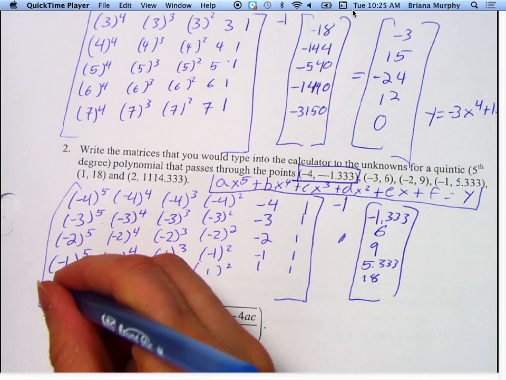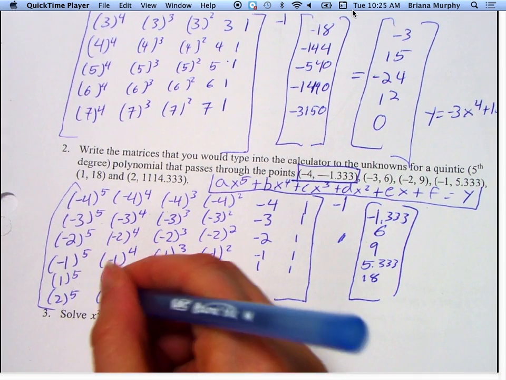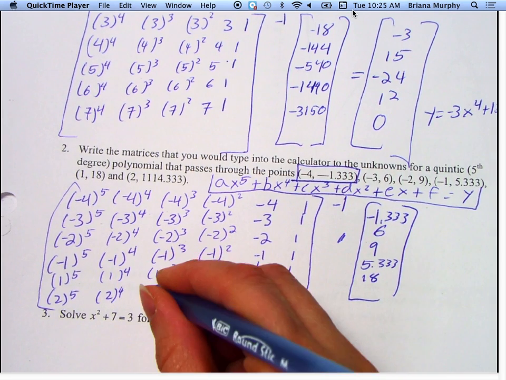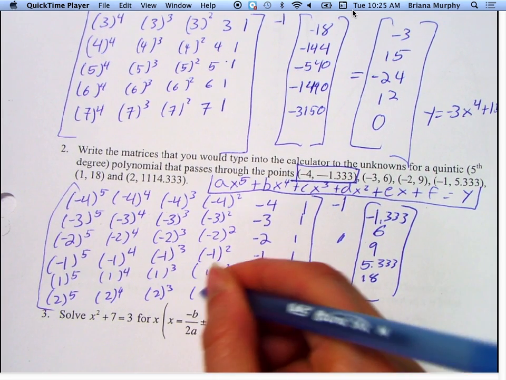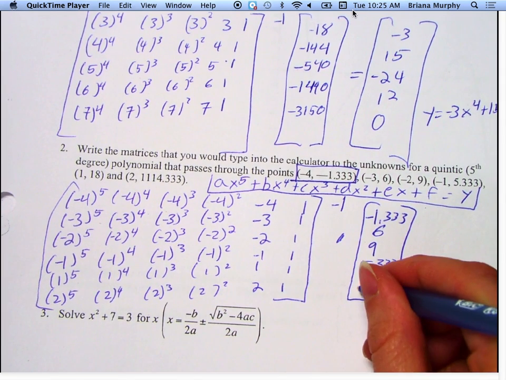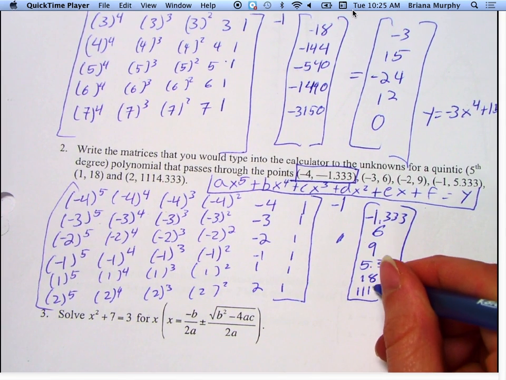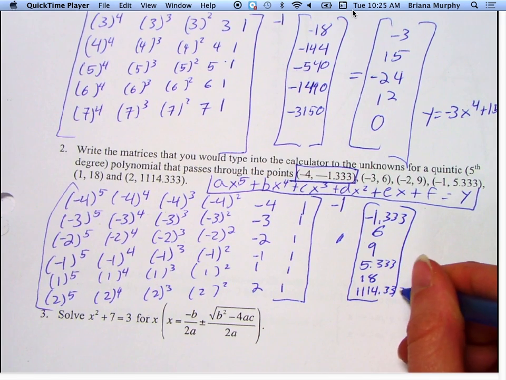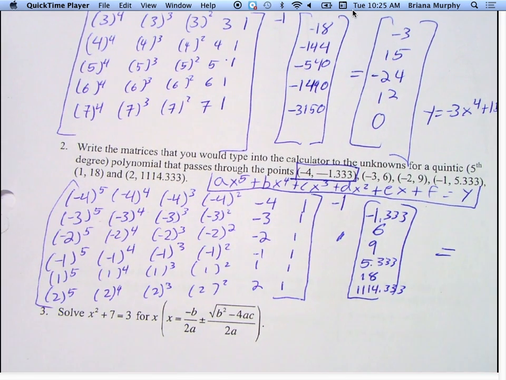And then I have 2 to the 5th, 2 to the 4th, 2 to the 3rd, 2 squared, 2 and 1, to 1,114.333. Okay, so now guys, I'm going to switch to live presenter so you can see what I'm putting into my calculator.